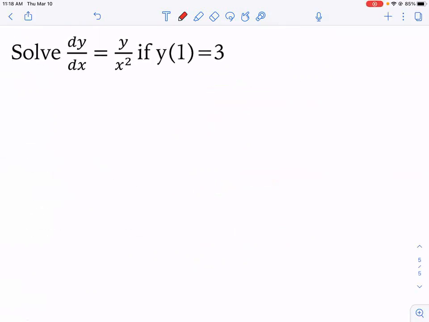What I would like you to do without me is separate the variables and integrate both sides and stop.